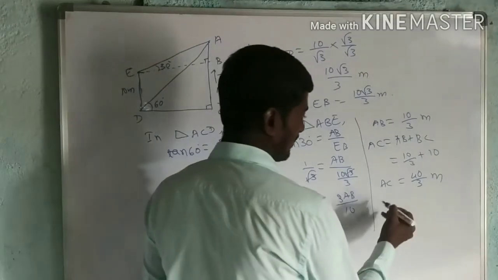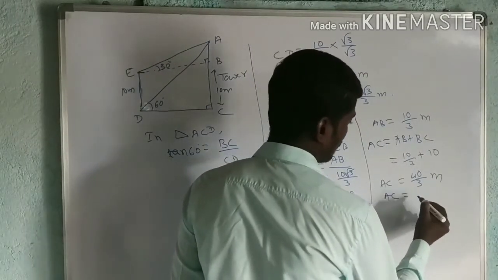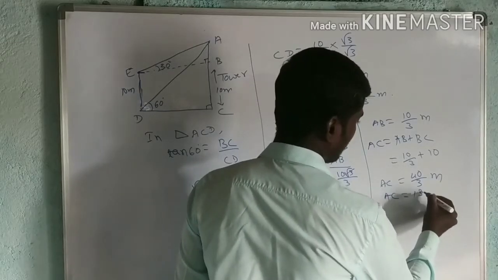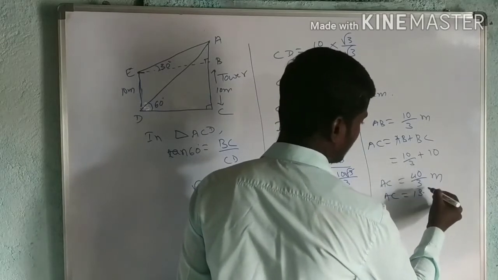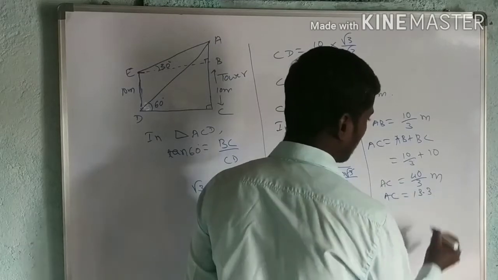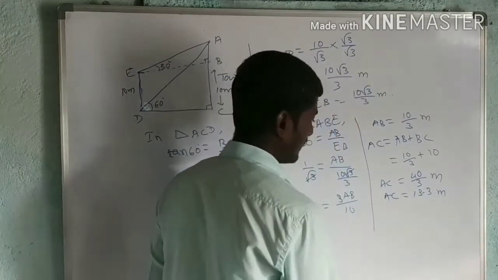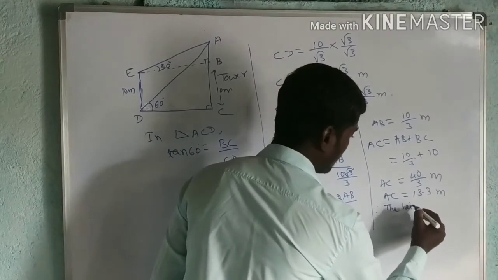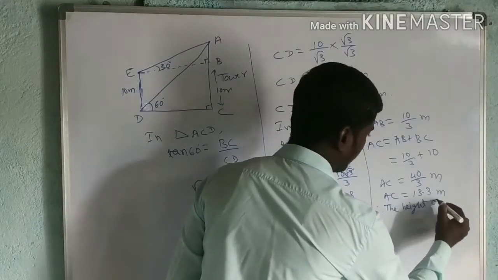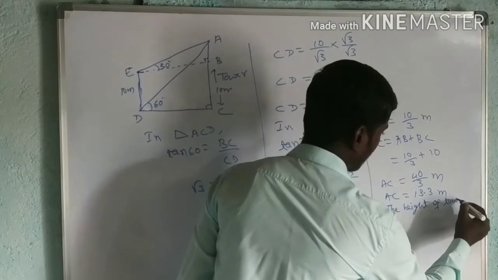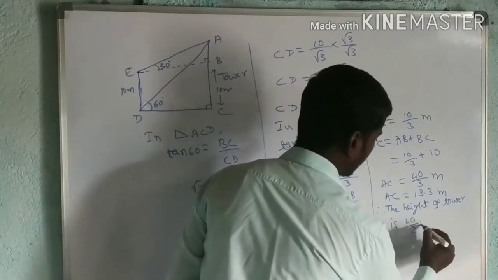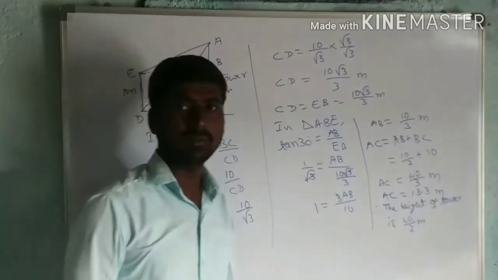In decimal also I can write: AC is equal to 13.3 meter. Therefore the height of the tower is 40 divided by 3 meter.